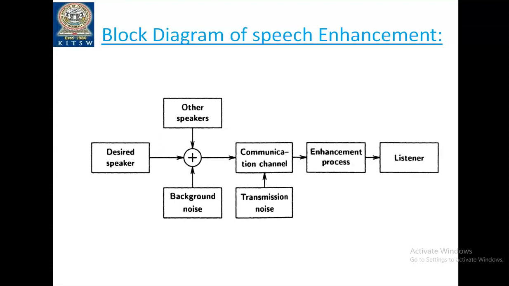That we call intelligibility. So we need to enhance the intelligibility of the signal. At the output of the enhancement process you will have the listener, so the listener will get the enhanced speech signal. That is the ultimate goal of our speech enhancement process. So this is a block diagram of the speech enhancement.